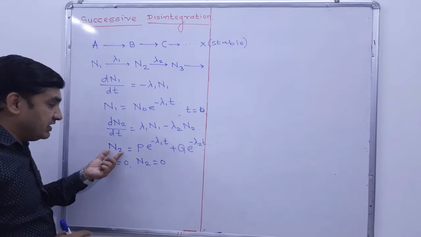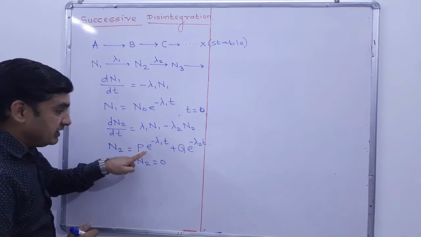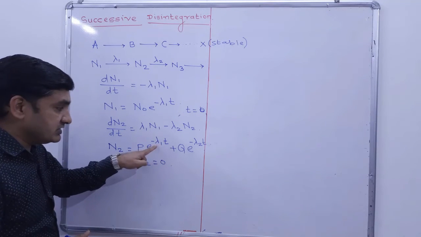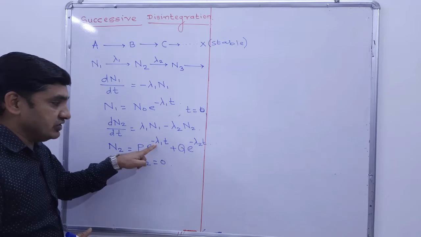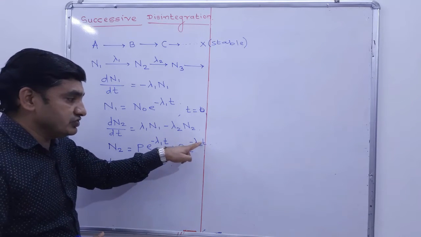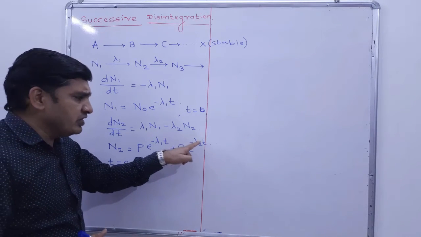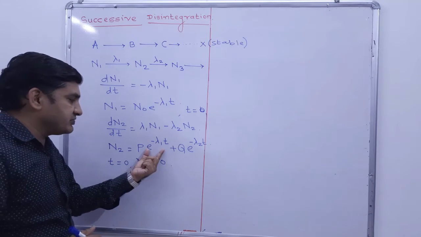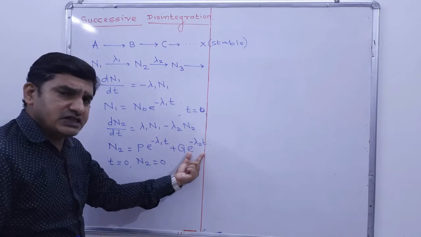When we put this here, we get p into e raised to minus lambda into 0. This represents e raised to 0, and e raised to 0 means 1. So this term is 1, and this term is also 1.